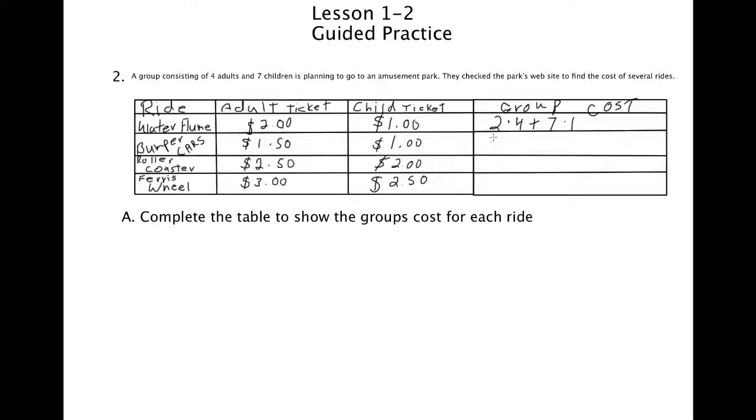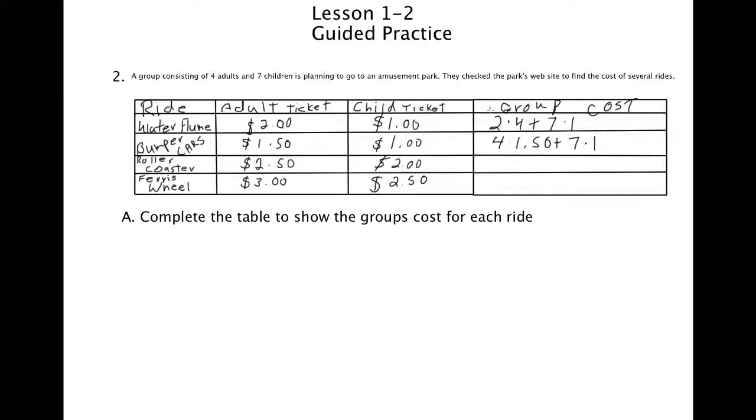What does it look like here for the bumper cars then? How many adults? 4. Was the cost $1.50? Plus how many children? 7 times the cost is $1.